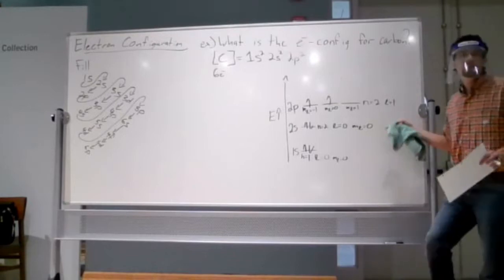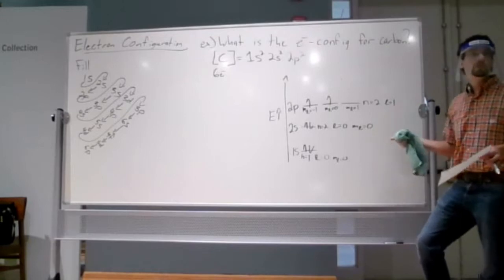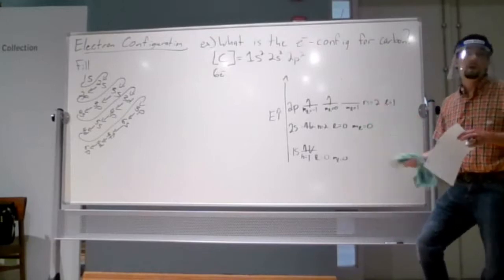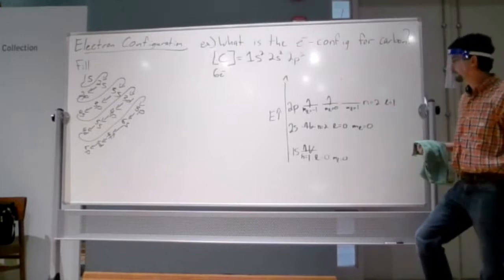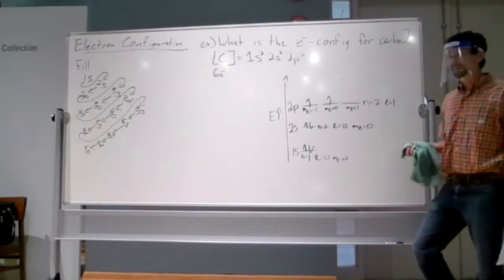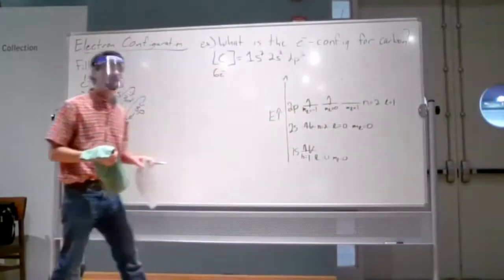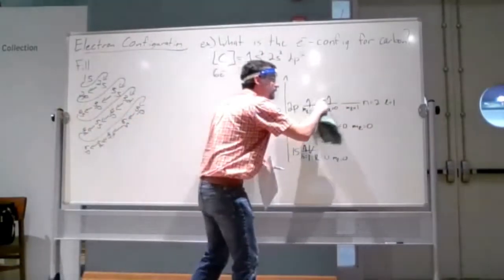Now, when I ask you to write out the electron configuration, you don't have to indicate all of these quantum numbers, but just know these dashes are representative of the quantum numbers. Okay. Yeah? Why would we put the... what is it? Let's talk about that next. Are there any other questions, John? What are the things that you're putting on the line? So these things, these are the electrons.